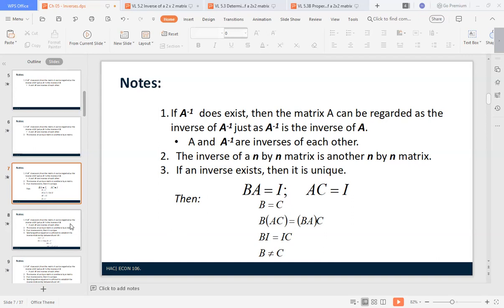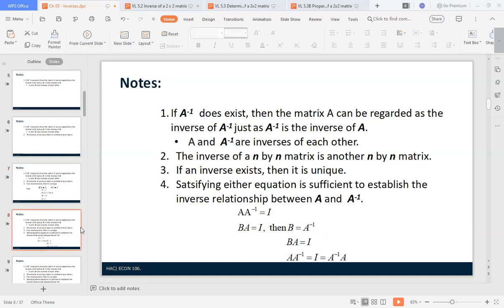Okay, now let's go to the fourth one. Satisfying either equation is sufficient to establish the inverse relationship between A and inverse A. So in this case, A inverse A is just equal to I. Now we mentioned earlier, how will we know if B is the inverse of A?